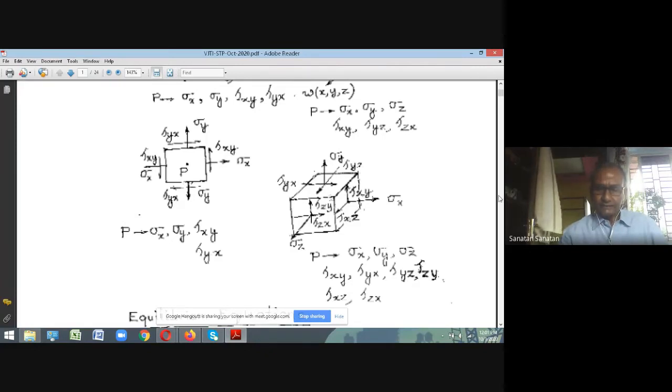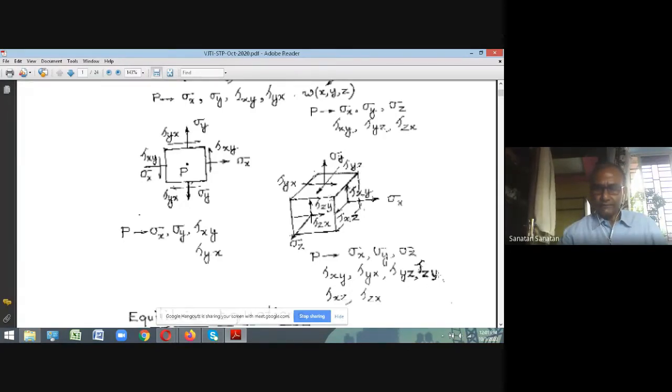Similarly, the stress acting parallel to the face in the positive x direction is tau zx, and the stress acting in the vertically upward direction is tau zy.